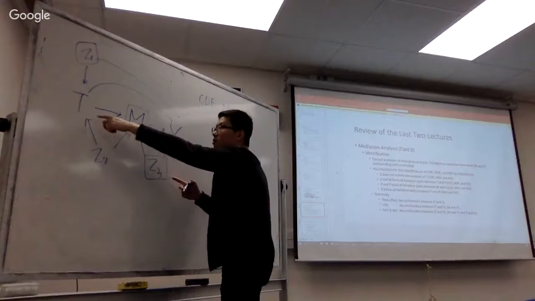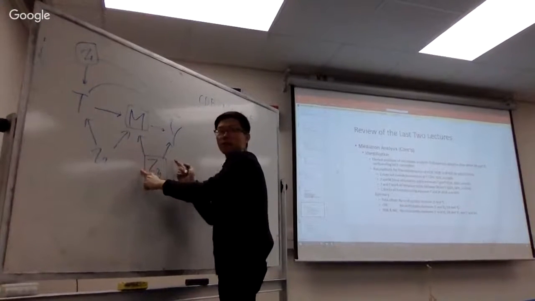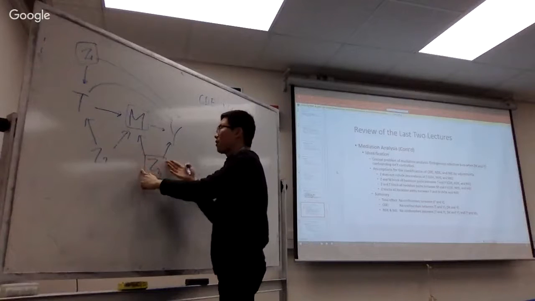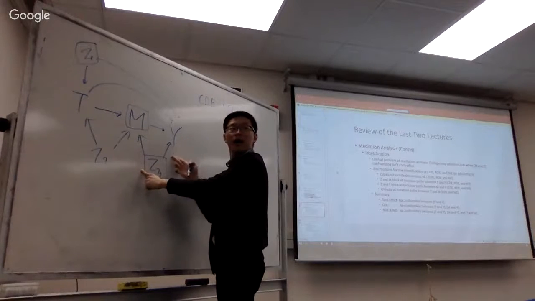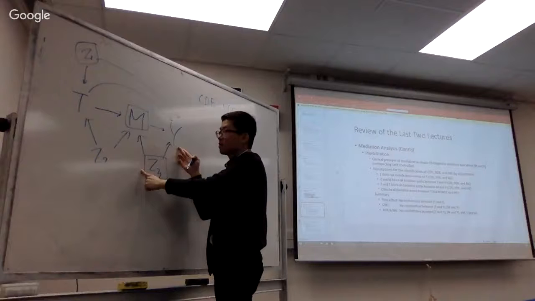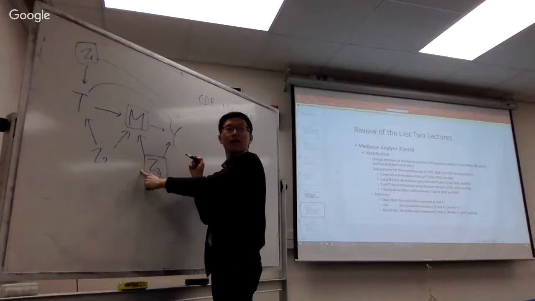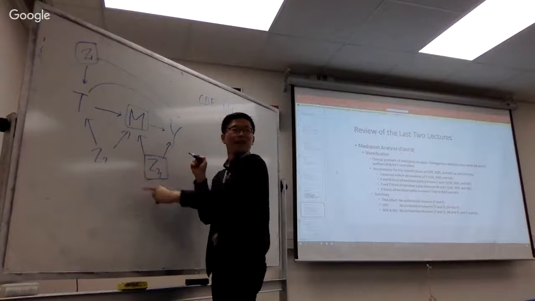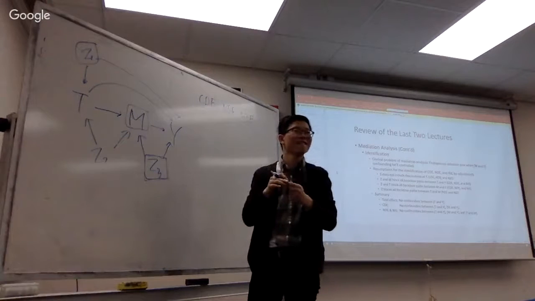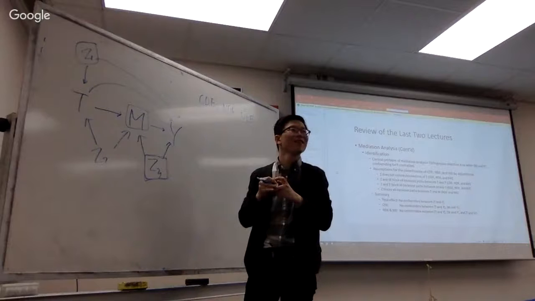So there can be a spurious relationship, but to block this path, you are controlling for Z3. Good. Questions? Okay.